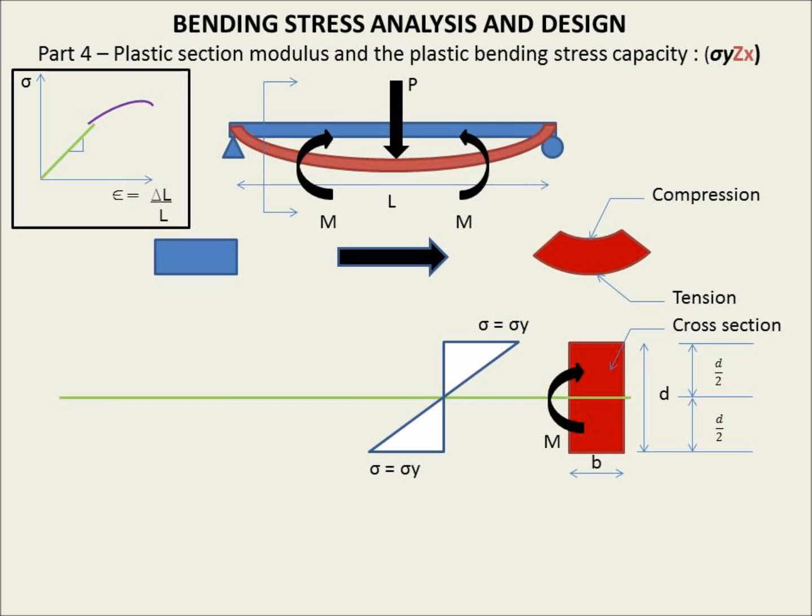Now, note here, as we mentioned in the first video, that it is experimentally verifiable that there is a linear transition from compressive stress to tensile stress through the cross section of a beam in bending, right? So we have on the top there compressive stresses, which we're denoting as a yield stress.